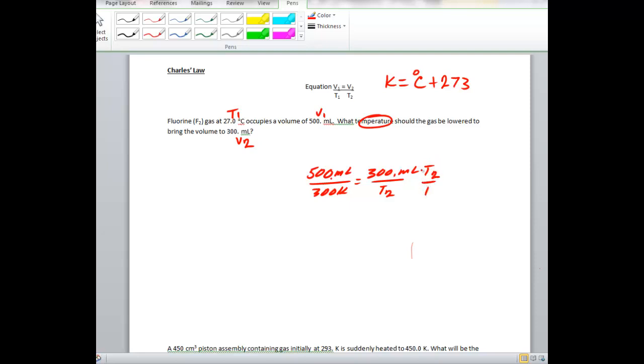Multiply each side by T2. And that cancels out, and that cancels out, and I'm left with 300 mL on that side. I want to get rid of these numbers, so I isolate T2 by itself.